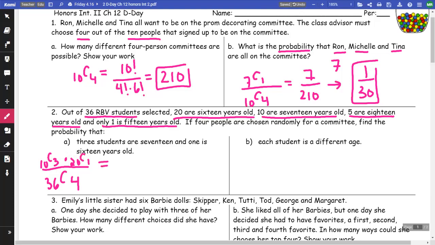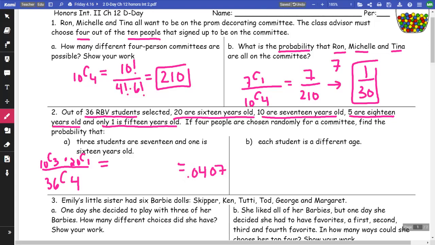And then we're going to work this out. So let's see, 10 choose 3 times 20 choose 1, divided by 36 choose 4. And I ended up with, so the final answer as a decimal is going to be 0.0407 about.